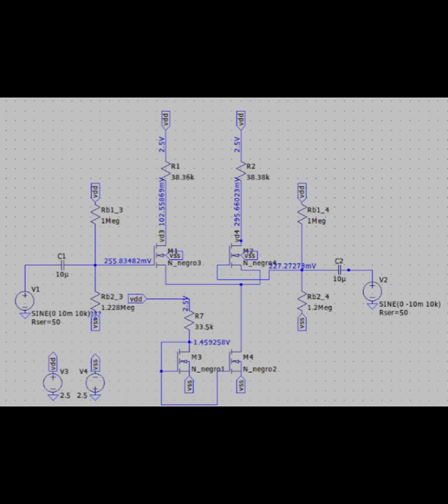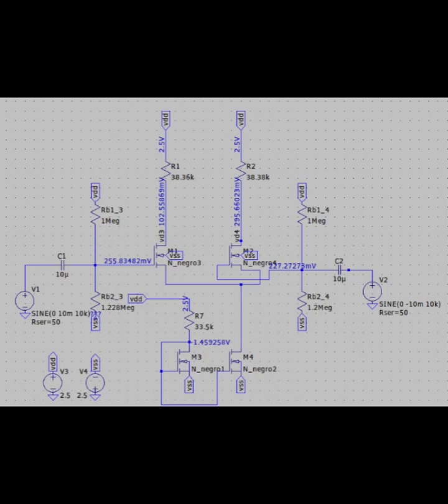Step 3. Differential pair and active load. The third stage of the amplifier is the differential pair, which amplifies the difference between two input signals while rejecting common mode noise. To increase the bias current, the mirror reference resistance was reduced from 68 kilohms to 34 kilohms by connecting two 68 kilohm resistors in parallel.